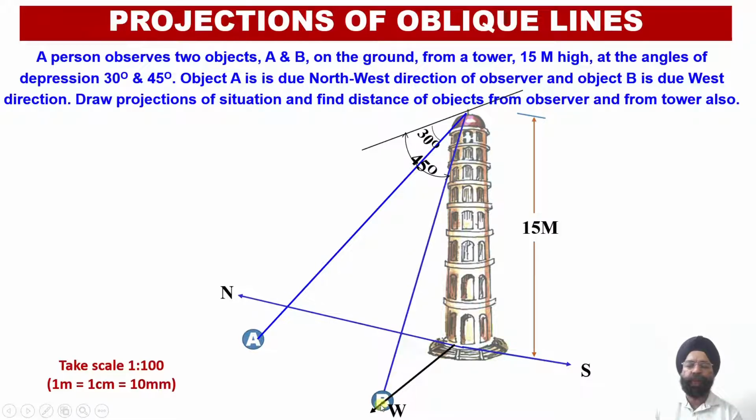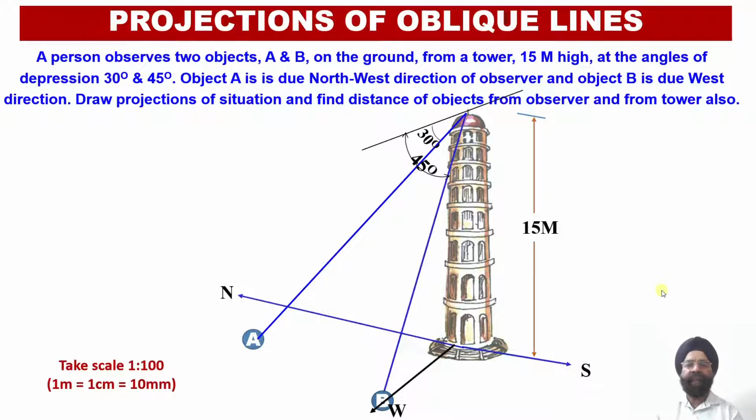Besides this, the distance between the tower bottom and object A and object B also needs to be evaluated. So let us see how we can convert this real life situation into the orthographic projections, that is the front view and top view projections of the oblique line.